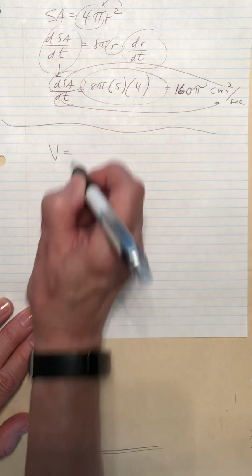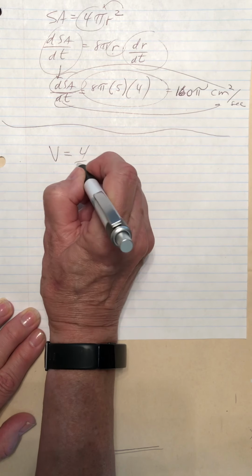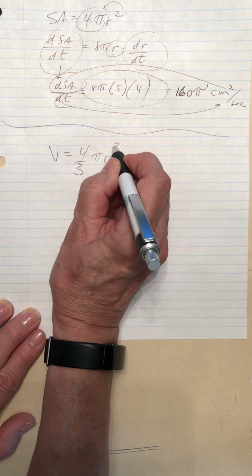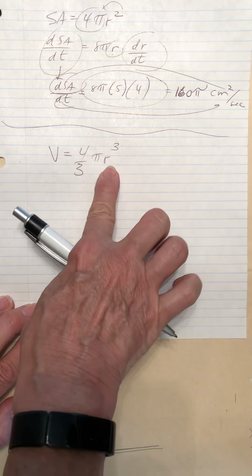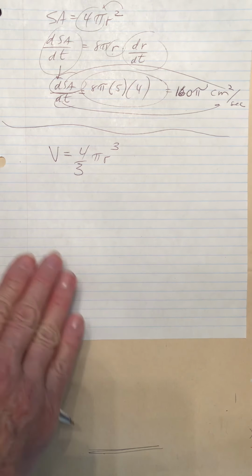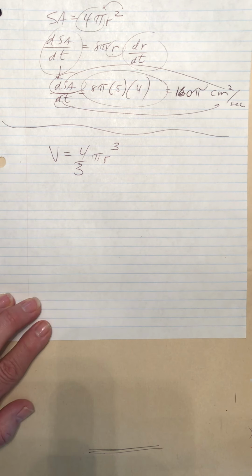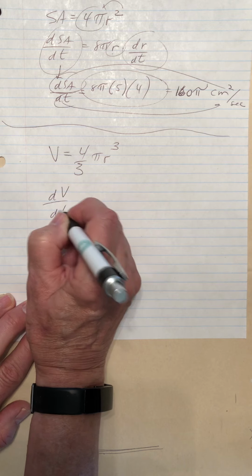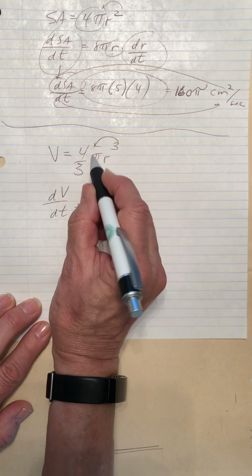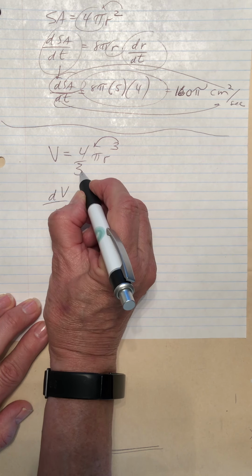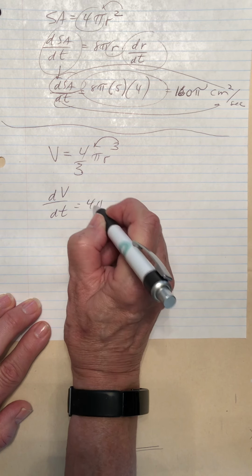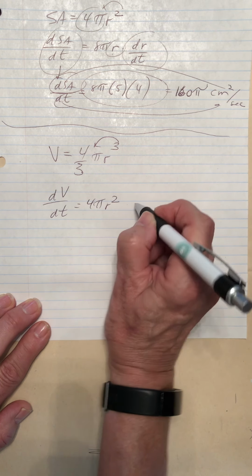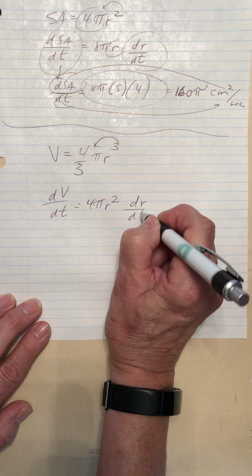So now we need to know volume of a balloon. That's 4/3 pi r cubed. That's only one variable right there. Is something fixed and never changing as a balloon is leaking? Nope, everything is changing. So you differentiate, you have dV over dt, bringing my 3 down, it would cancel this 3. So I will have 4 pi r squared and dr over dt.